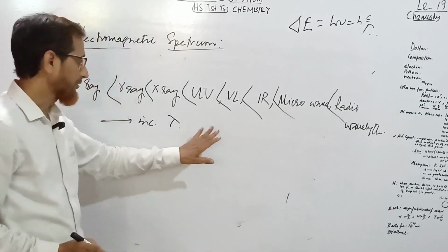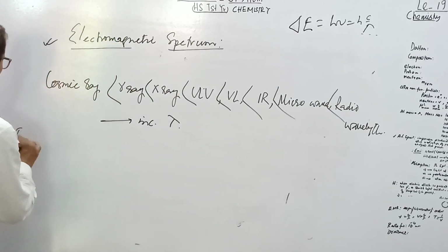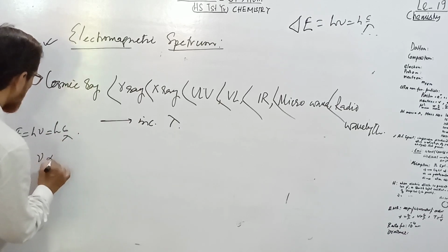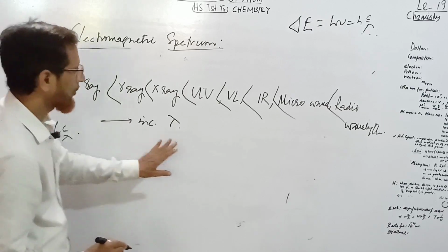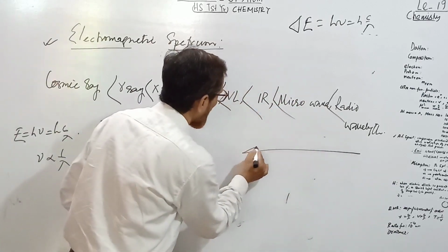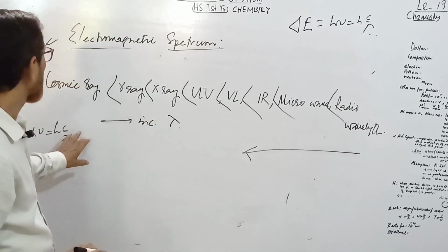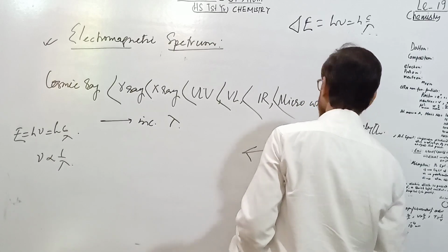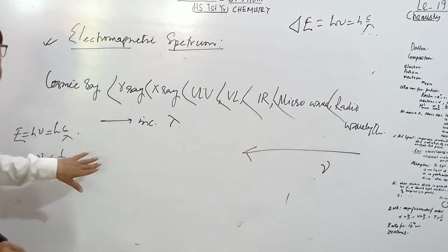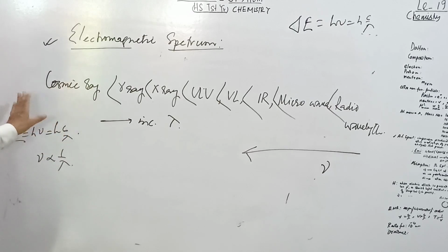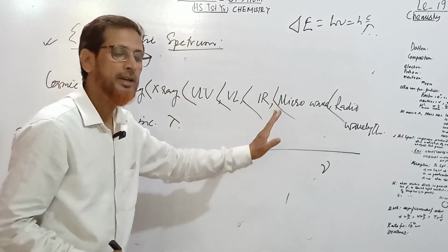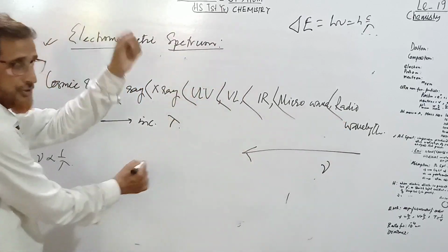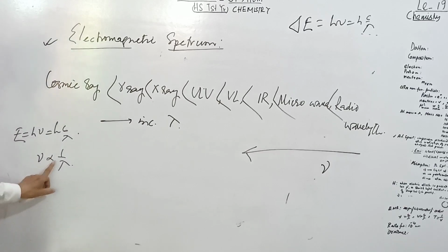And if you are asked in terms of frequency, what is E equal to h nu, equal to hc by lambda. So frequency and lambda are inversely proportional. So the order of frequency of these rays will be the reverse of this. If you are asked the order of wavelength, you arrange in this way, and if you are asked the order of frequency, you reverse it, because frequency is inversely proportional to wavelength.